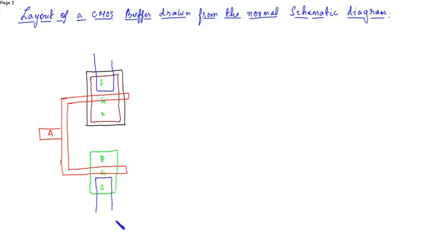I'm not drawing the whole metal layer over here because we know that the same VDD and ground will be drawn in the second inverter, so there we can directly join. The drain of the PMOS and the drain of the NMOS are connected in order to get the output. The output here is A bar.